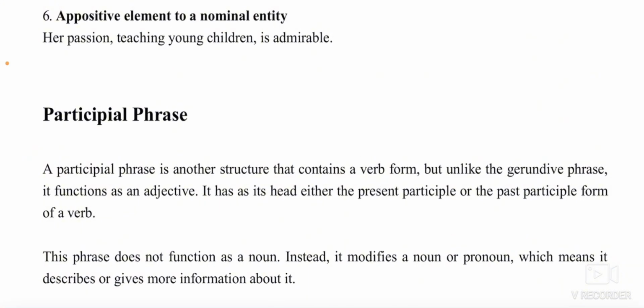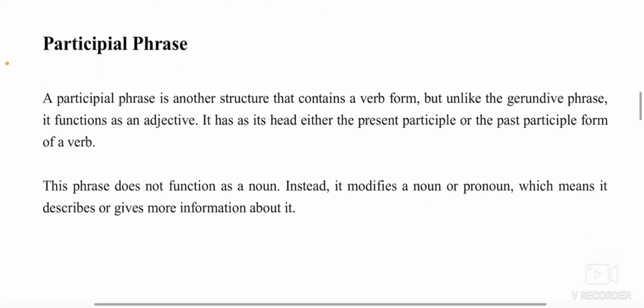The present form ends in ing or en. Having gone to the market, the man slept. Having gone to the market. So the present form of participle ends in ing or en, while the past form ends in ed. When we get to the example, I'm going to be explaining to you.